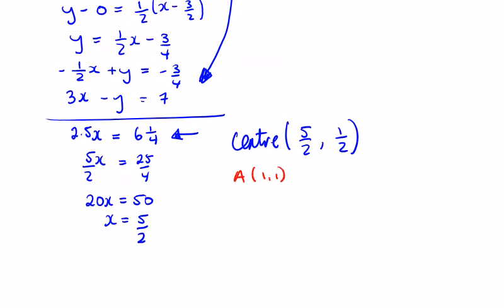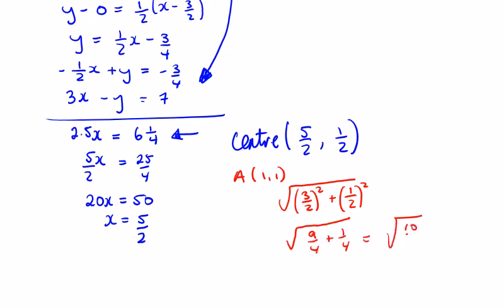We want the distance, which is the change in x to be squared. So 1 goes to 2.5, that's a change of 1.5, or 3 over 2, to be squared. And the change in y is a half, so a half to be squared. So we're going to get the square root of 9 over 4 plus 1 over 4, which is equal to the square root of 10 over 4. So this is my radius. I don't need to simplify it because I'm going to square it now to get the equation.